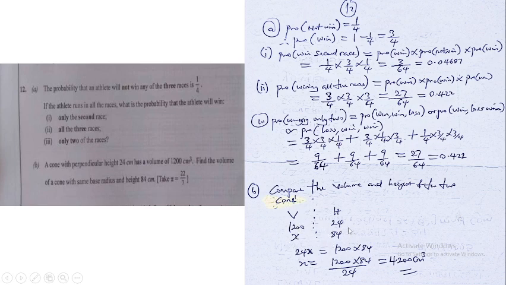So 24 times s gives us 24s, and 120 times 84 gives us this. Then to get our s, we divide both sides by 24, and that gives us 4,200 centimeter cube. So the volume of the second cone is 4,200 centimeter cube.